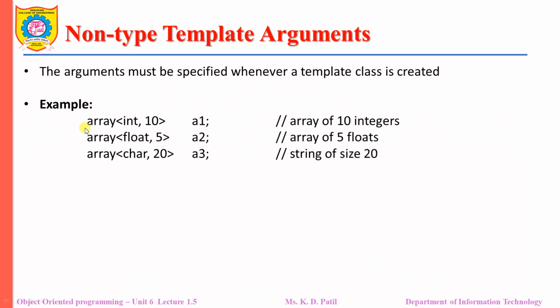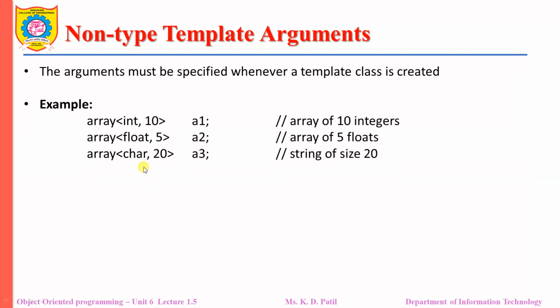So here we have the first array which has size 10 and is of integer type, and the object is a1. Here we have created a2, which is an array of type float, and it has 5 elements, and we have a3 which has size 20 and is of character type. That means it is a string of size 20.